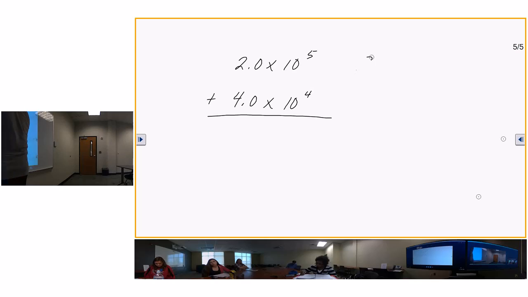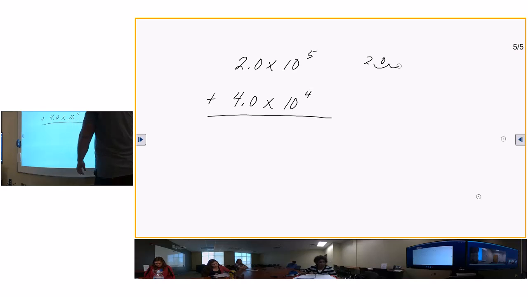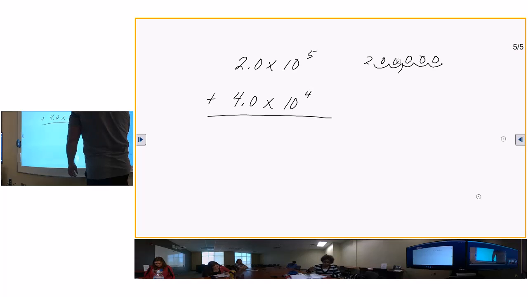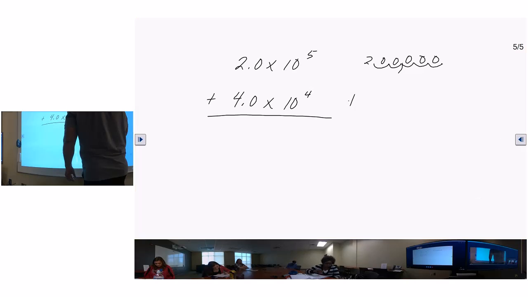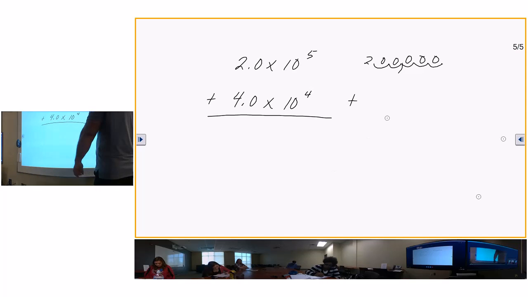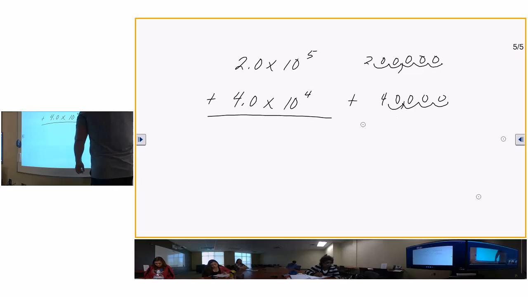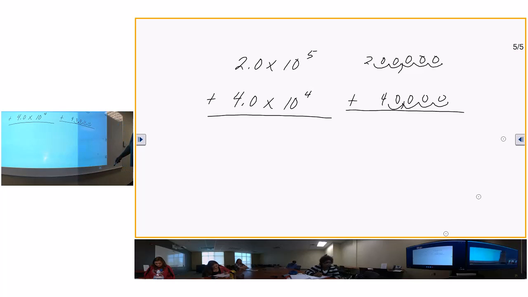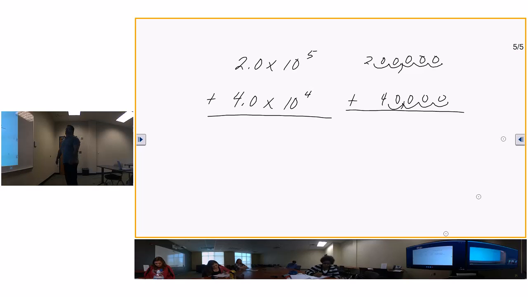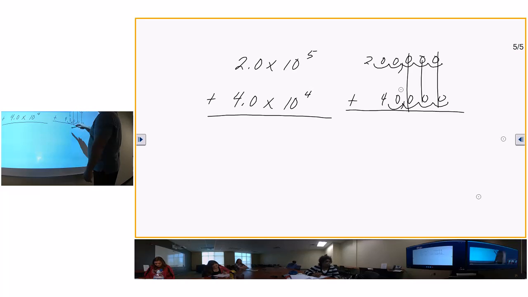So 2.0, 1, 2, 3, 4, 5. And 4.0, 1, 2, 3, 4. So you've got 200,000 plus 40,000, and now it's easy because these three come straight down.